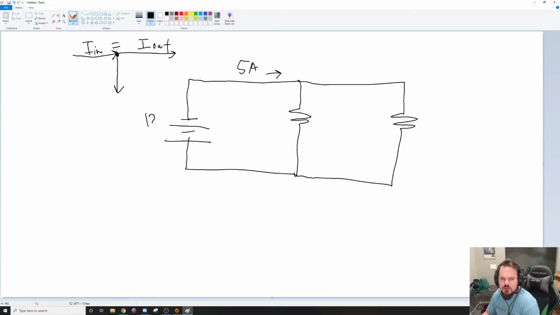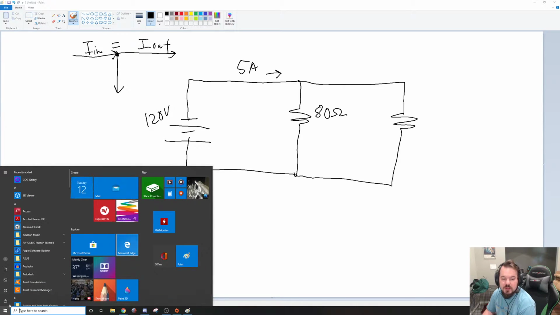So let's say you have 120 volts and 80 ohms. Yeah, this can still work. I was like, oh, give myself numbers that don't work. 120 volts, 80 ohms. Well, we can use Ohm's law.